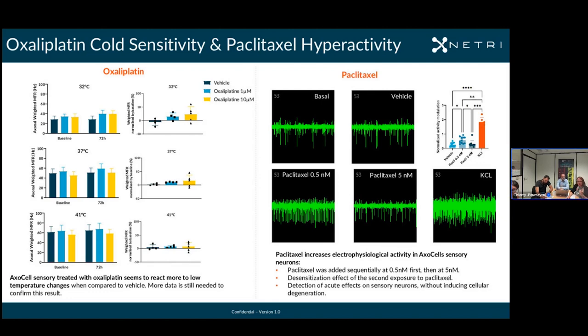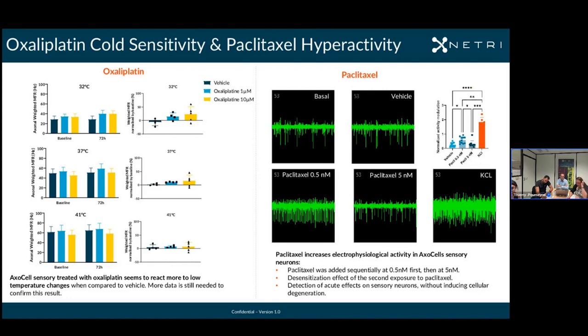This is one of the symptoms of the pain felt by patients, the sensitivity to cold temperatures. So this indicates that we could use this model to potentially look at whether a preventive treatment could reduce those effects and prevent further damage when those are accumulating.